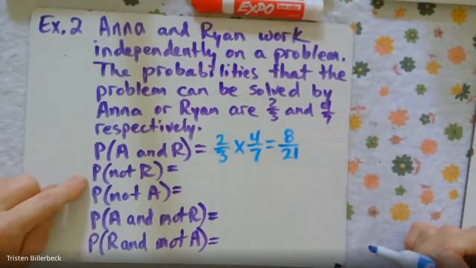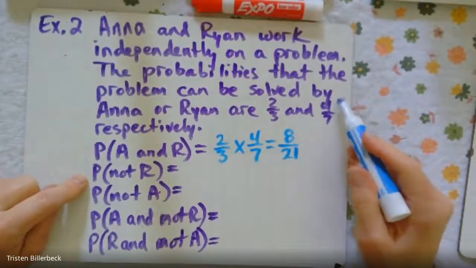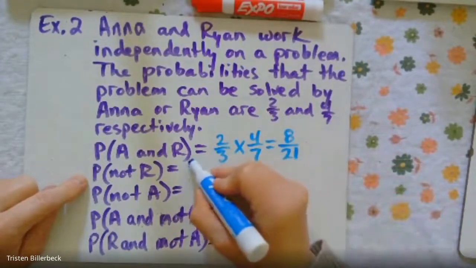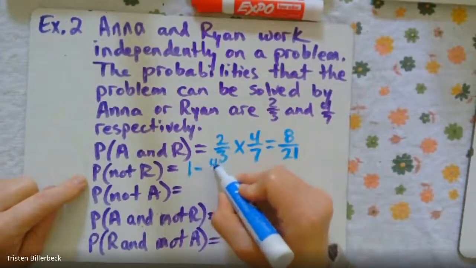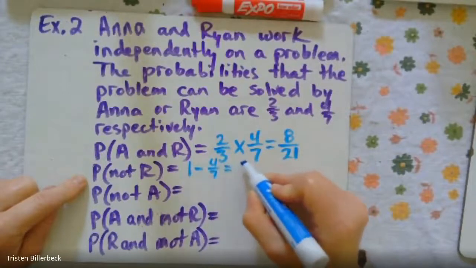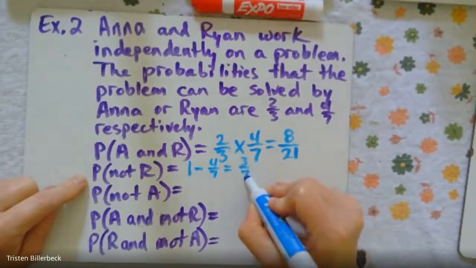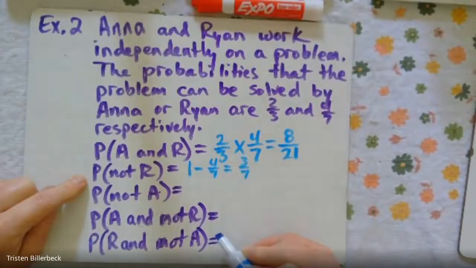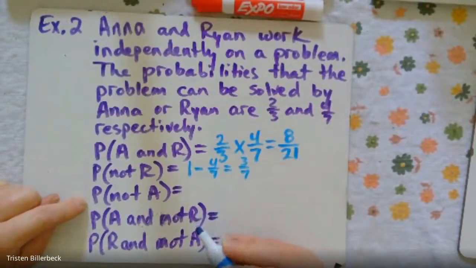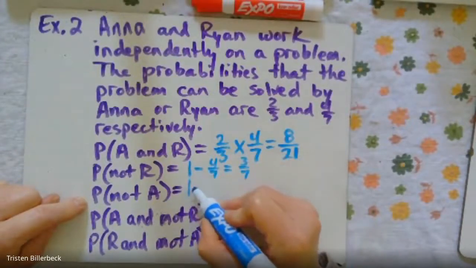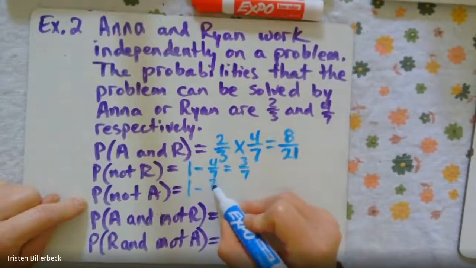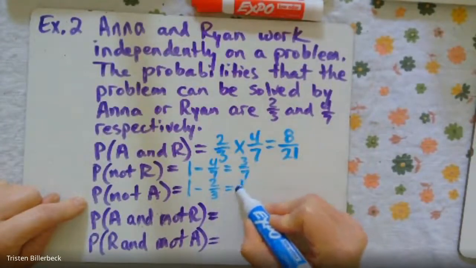The probability of not Ryan. Ryan was 4/7, so that's 1 minus 4/7, which is 3/7. Okay, the probability of not Anna. That's 1 minus 2/3, which is 1/3.